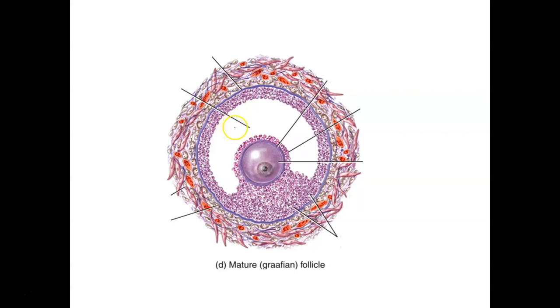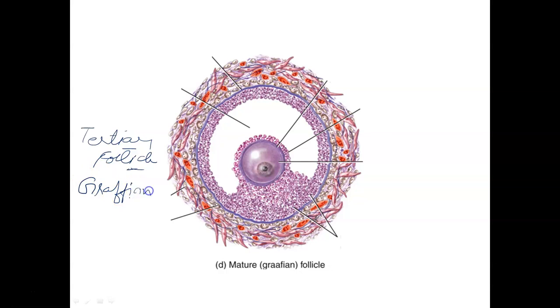We have seen in the ovary various stages of development of the follicle, and the tertiary follicle, which I told you is the mature follicle, is also known as the Graafian follicle.